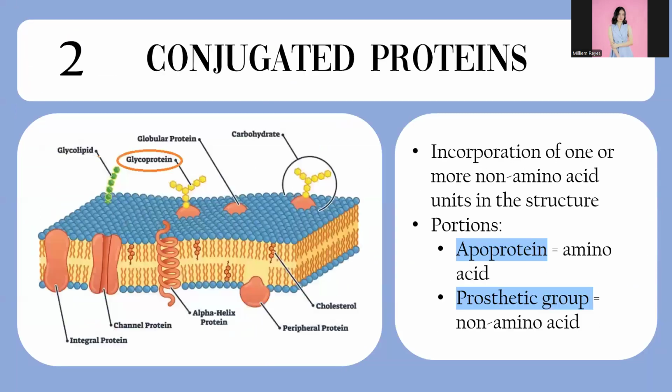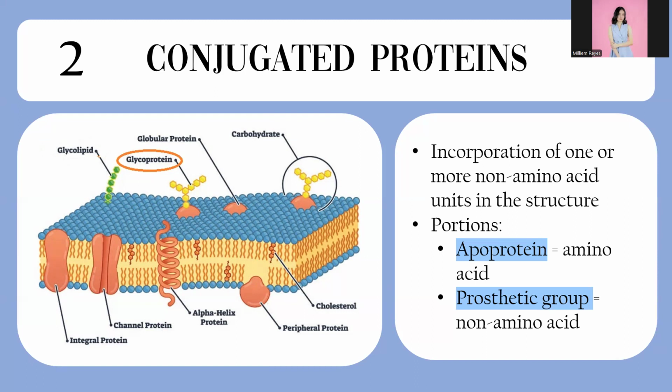Next, we have the conjugated proteins. In comparison, the conjugated proteins incorporate one or more non-amino acid units in their structure. So, for example, we have apoproteins. May portion siya. You have your apoprotein and the prosthetic group. The apoprotein is the mismong amino acid group. So, for example, if apoprotein lang, talaga walang prosthetic group, that's just a simple protein.